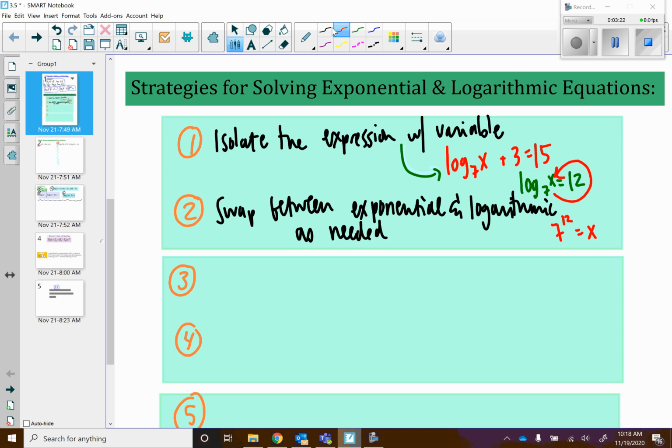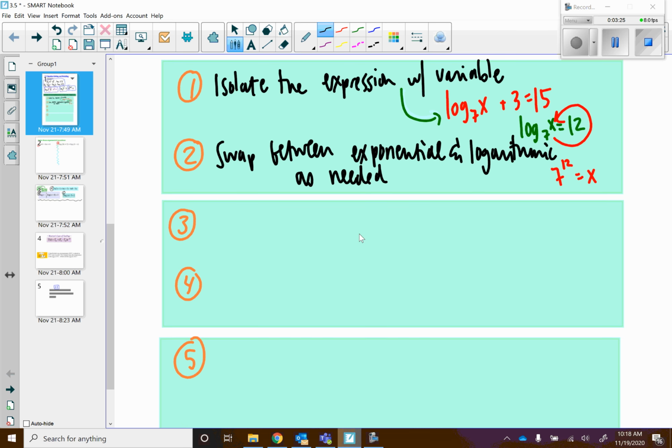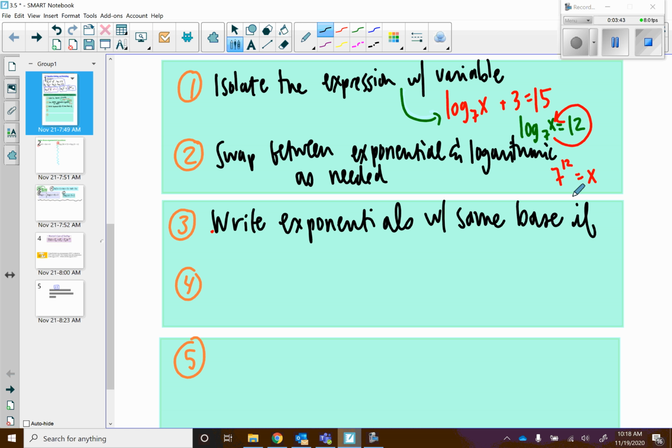The next general strategy is to write exponentials with the same base, if possible. All of these are really tips.